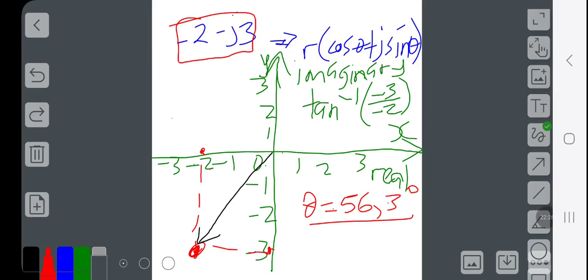This angle that you get is from this line here, which we call the x-axis. That is your 56.3 degrees. But what you must know is that whenever you're looking for your argument, it must start from the first quadrant.